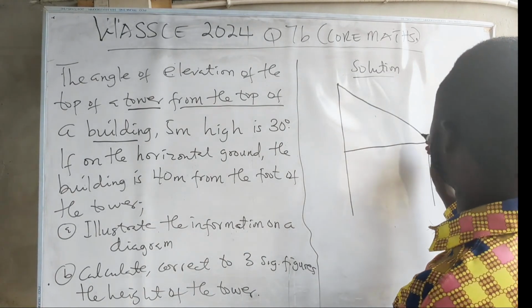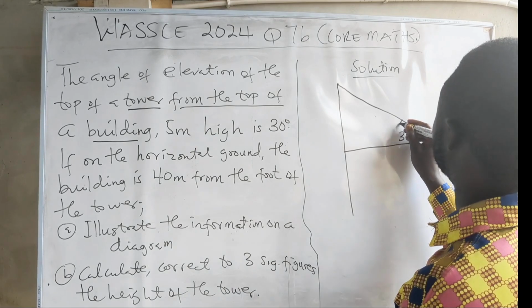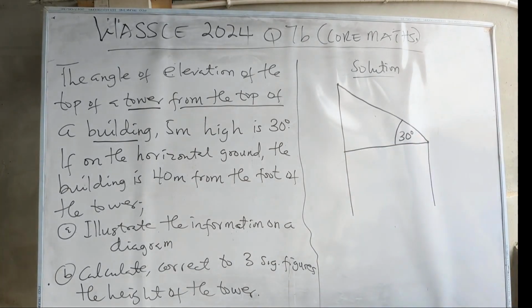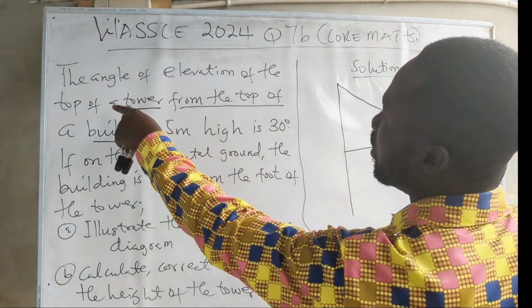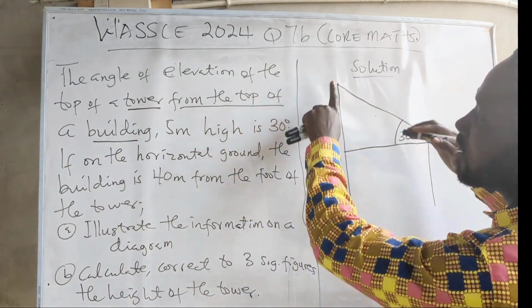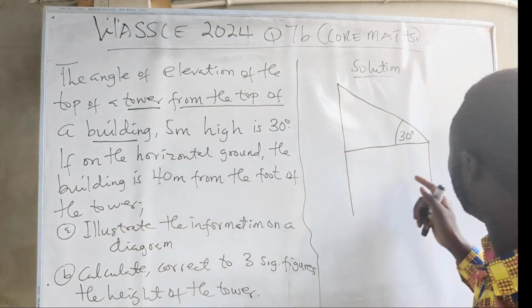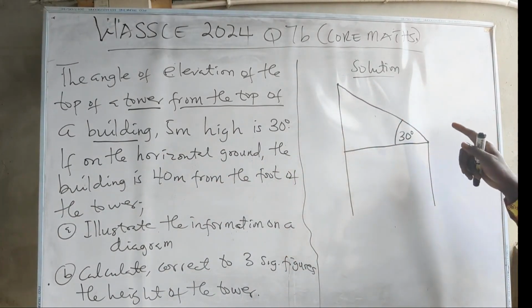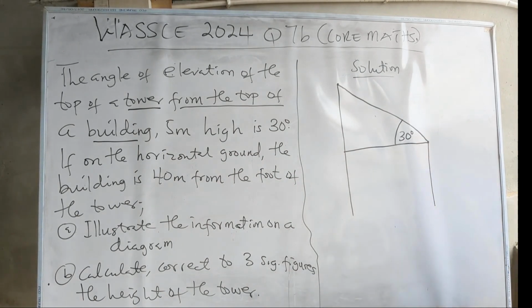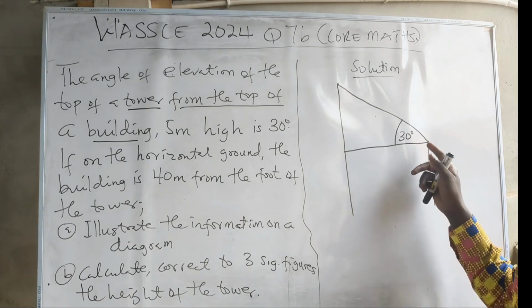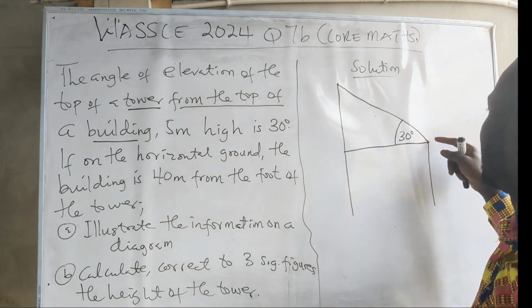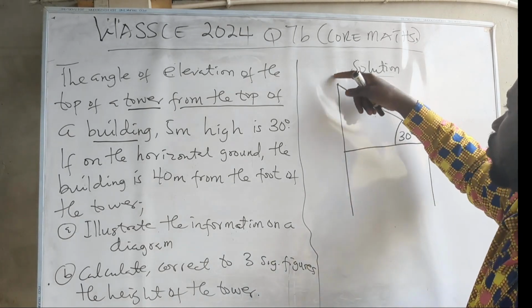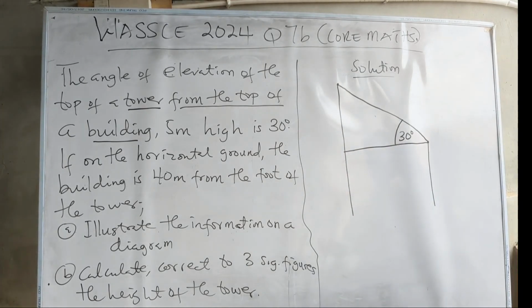So that is 30 degrees. You see, it's so simple. From the top of the building to the top of the tower is 30 degrees.